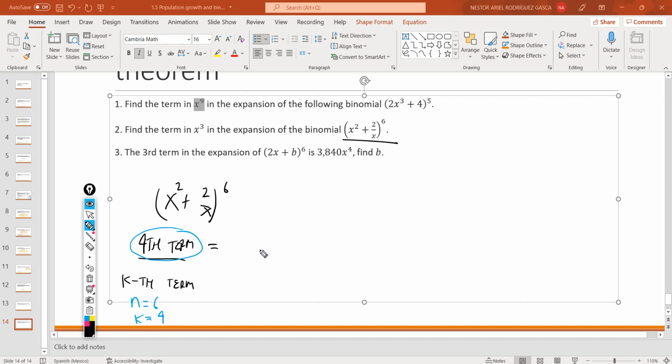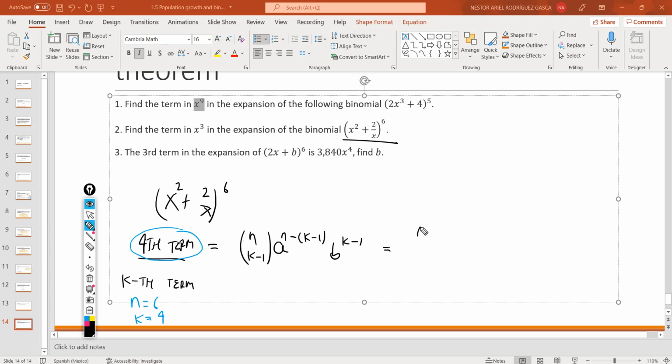So the fourth term is going to be equal to, if I write the formula the way I told you before, it's going to be equal to this, right? And then all I have to do is substitute n and k for the respective n and k that I have for this problem.